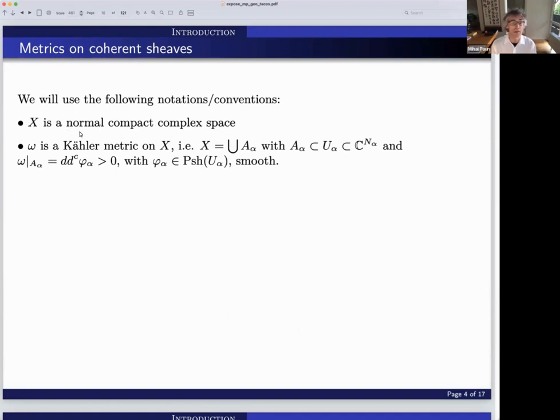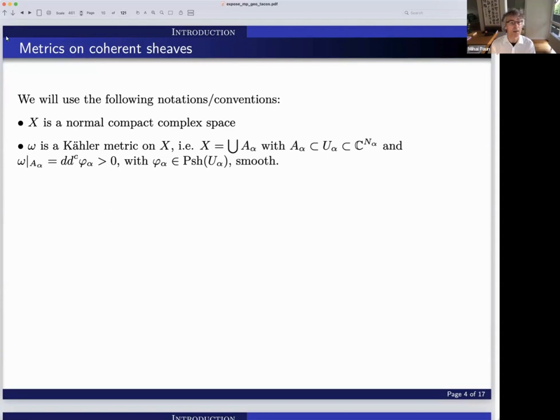Now, X is a normal compact complex space. And then I assume it is endowed with a Kähler metric in the sense of Grauert. That is to say, X is a union of analytic spaces, A alpha, which can be embedded in some Euclidean space. And then I assume that my metric omega is a global object, which locally comes from open subsets U alpha in the Euclidean spaces.